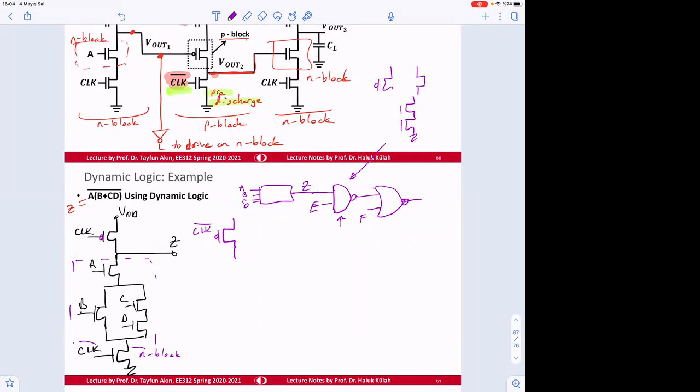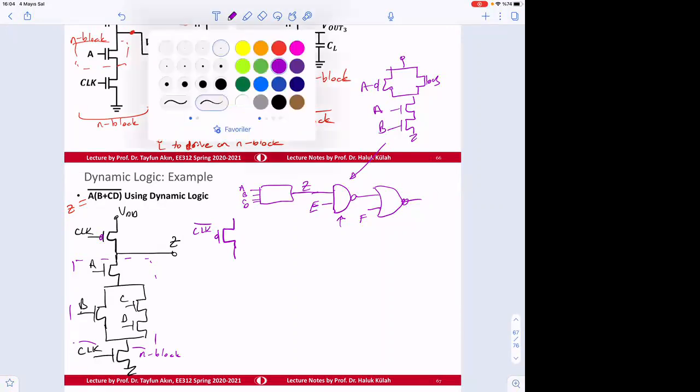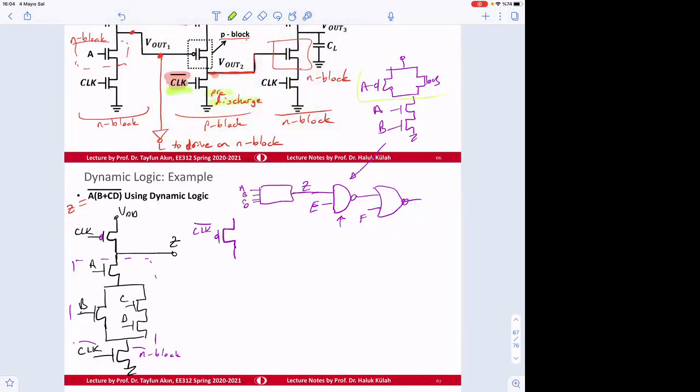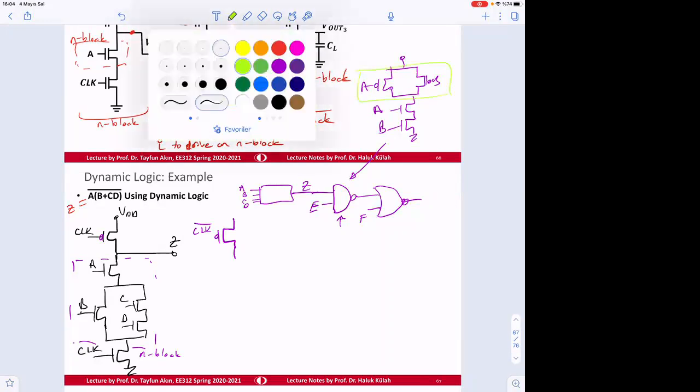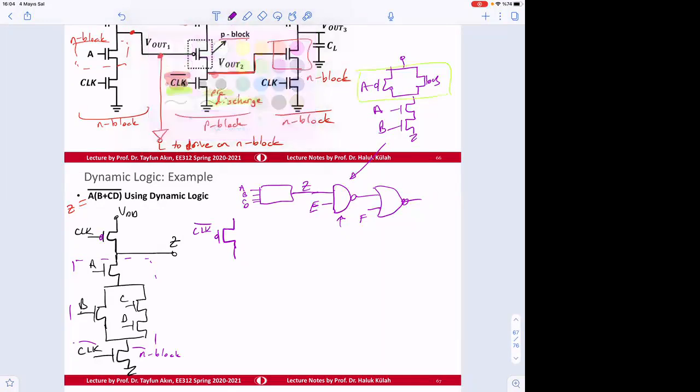This is the P block part. A, B, A, B. Right? So we need to take the P block part for the NAND gate. So therefore, for the P block, we have this.